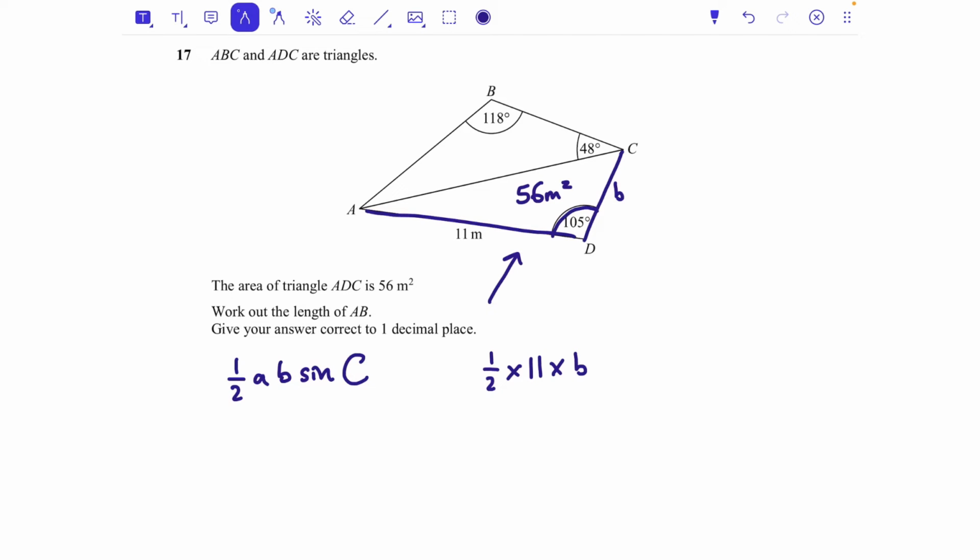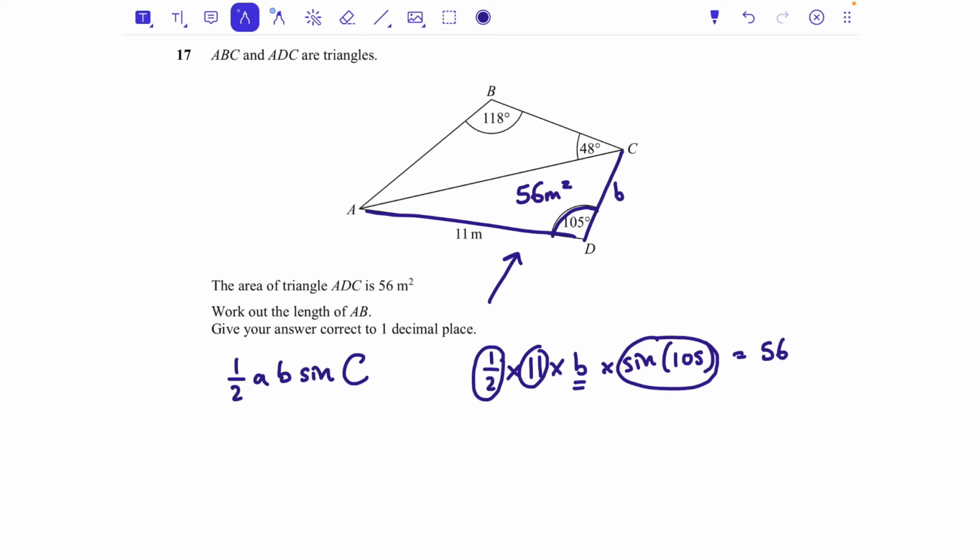So half times 11 times B times sine 105 equals 56.